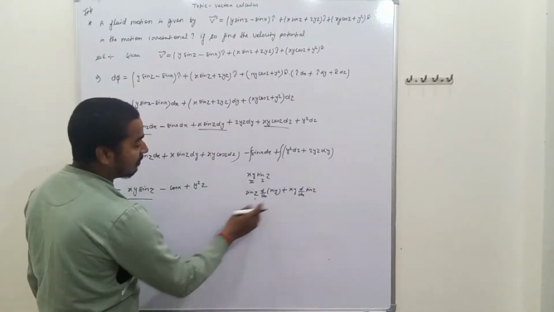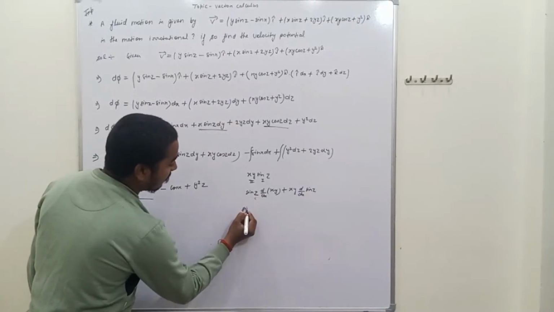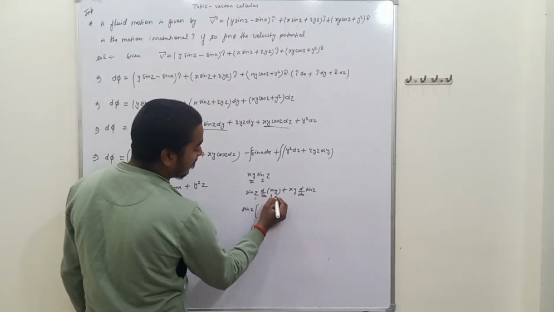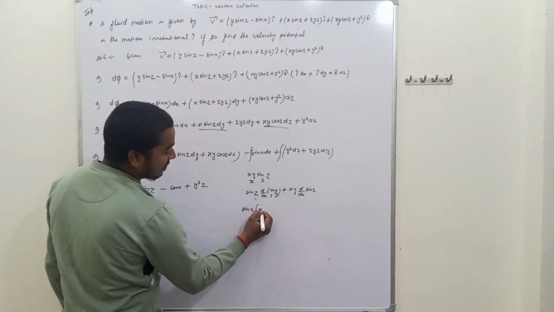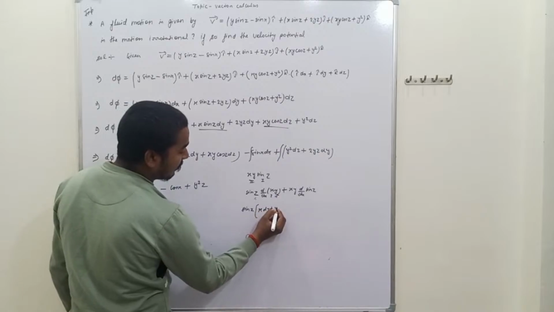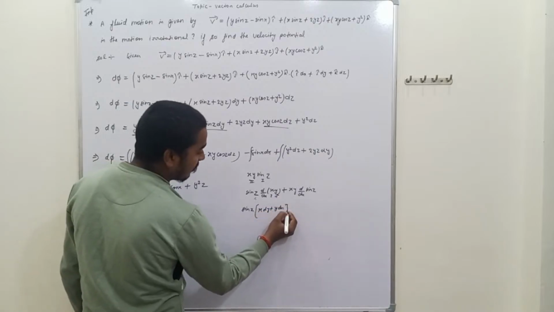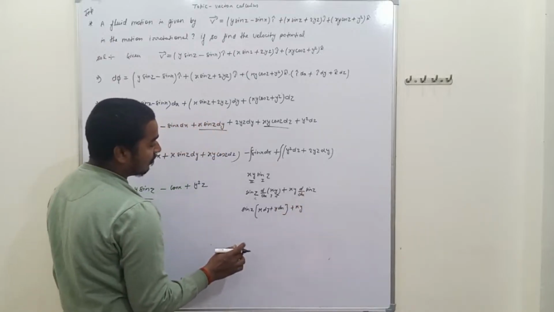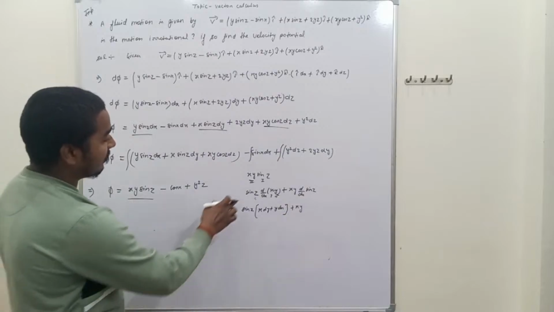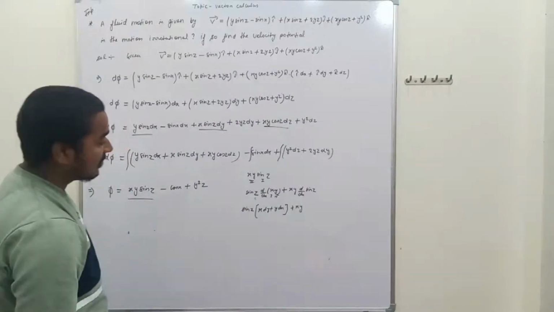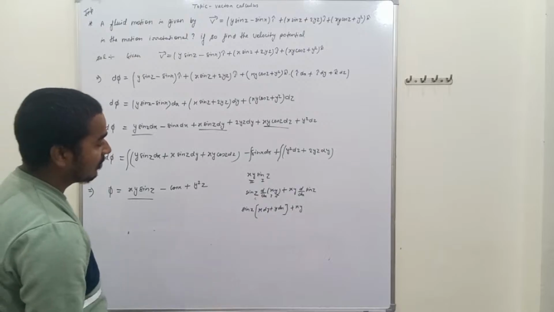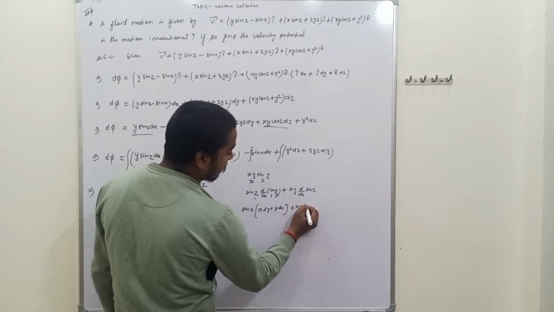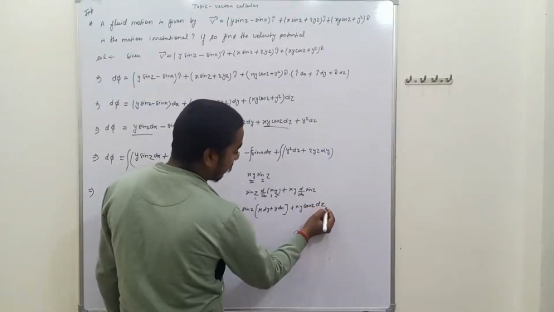Taking x as the first function and y as the second, we get x dy + y dx, and plus xy times cos z dz.